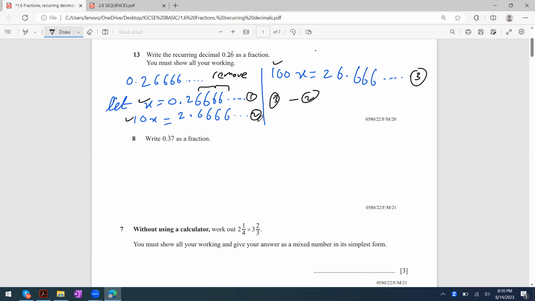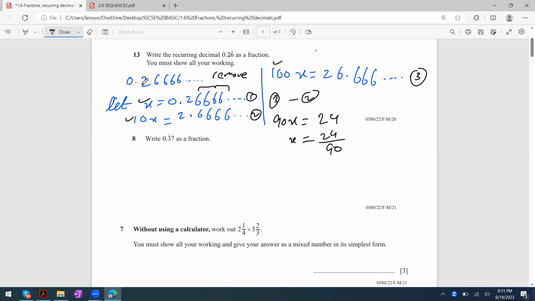100x minus 10x is 90x, right? And 26.666 minus 2.666, what's that? It's just 24, right? So x is equal to 24 over 90.